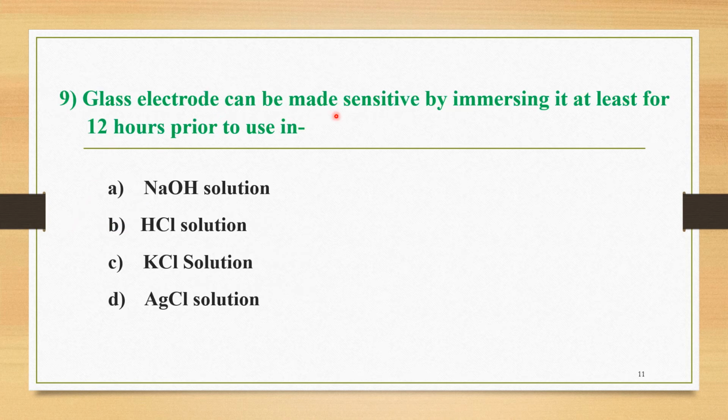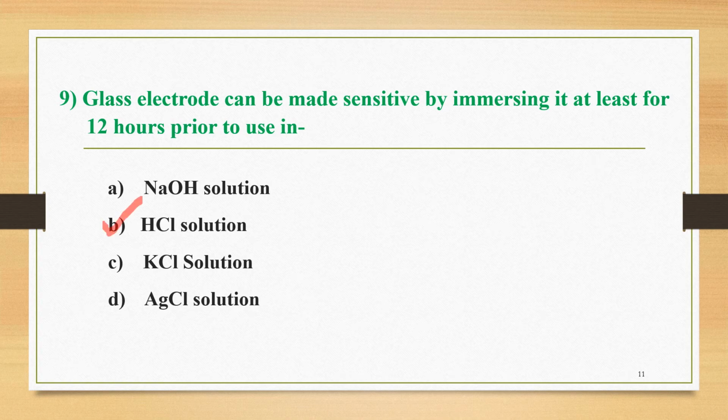Glass electrode can be made sensitive by immersing it at least for 12 hours prior to use in, and the four options are A, NaOH solution, B, HCl solution, C, KCl solution, and D, silver chloride solution. Among these four, the correct option is option B, that is, HCl solution.